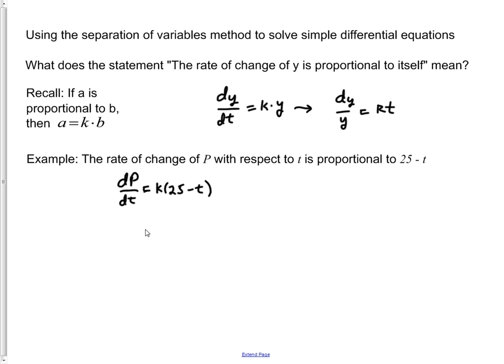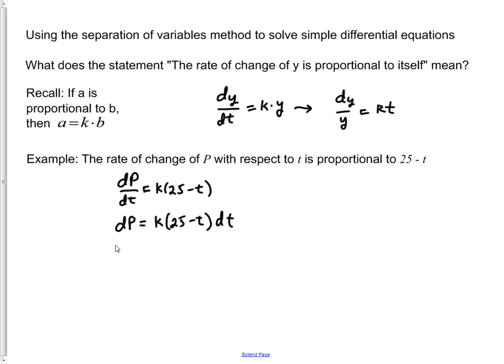All right, our separation of variables would work right here. If it's proportional, then dp is going to be equal to k times (25 minus t) dt.